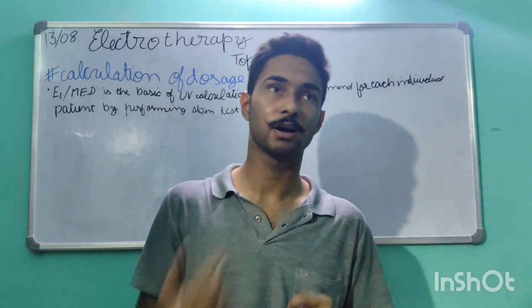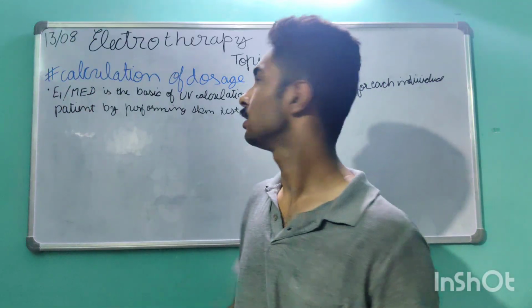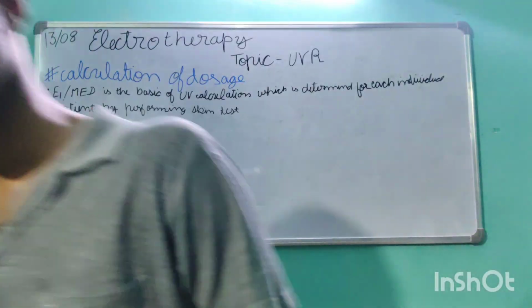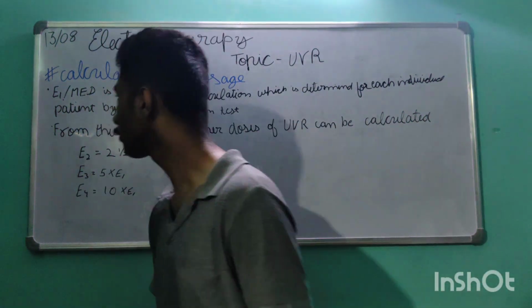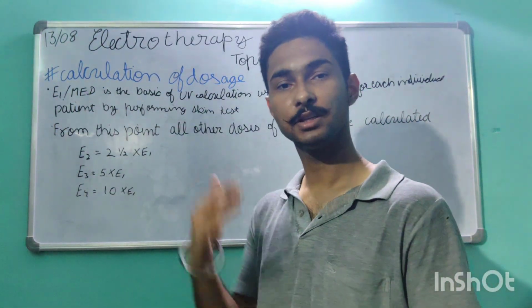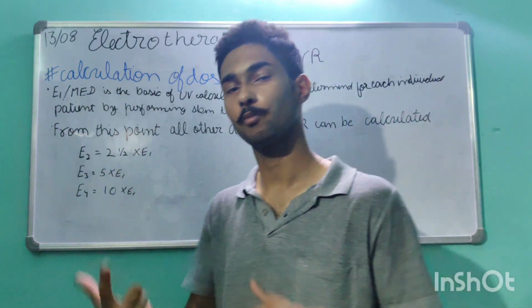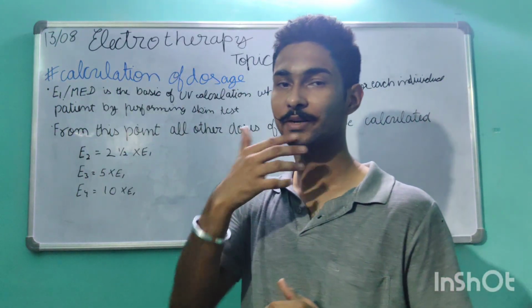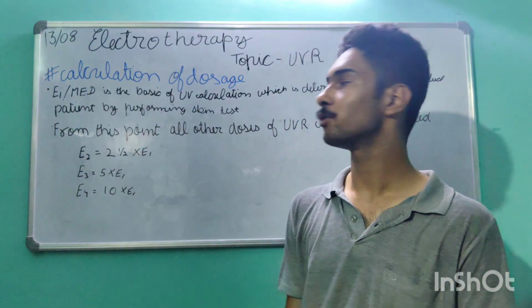It is used to see how the patient's skin responds when we apply the UVR. E1 or MED is the basic test of how the patient's skin is performing, and with that test we can know whether we can apply UVR or not.